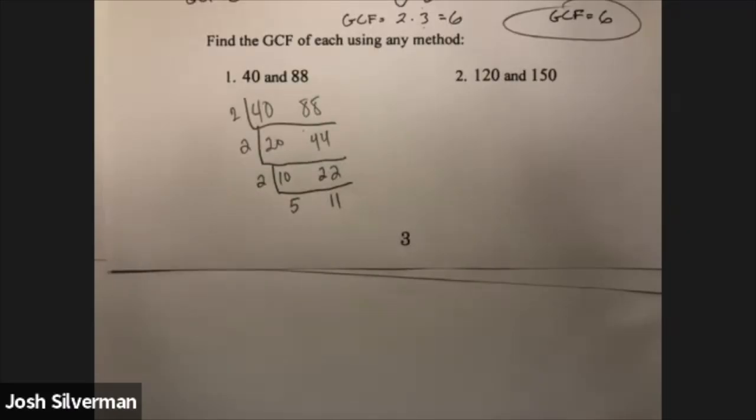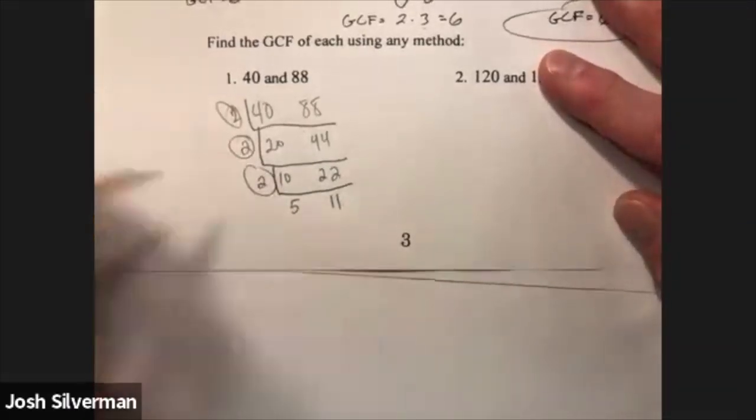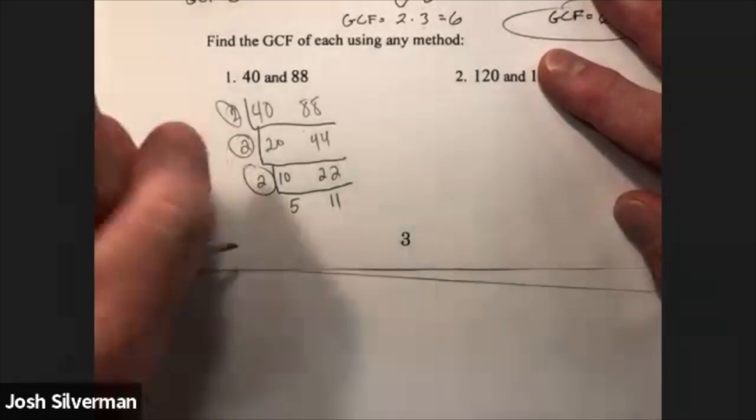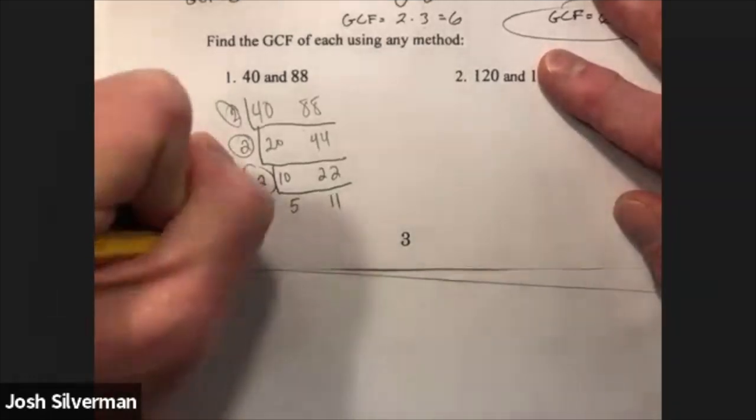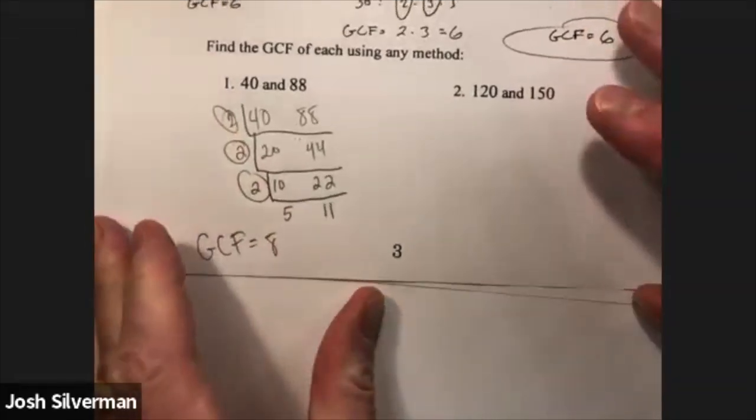What is the only number that you can divide both 5 and 11 by? 1. And when the answer is 1, that means you are done. Stop right there. Take a look at everything that's on the outside. Multiply those together. 2 times 2 times 2 is 8.